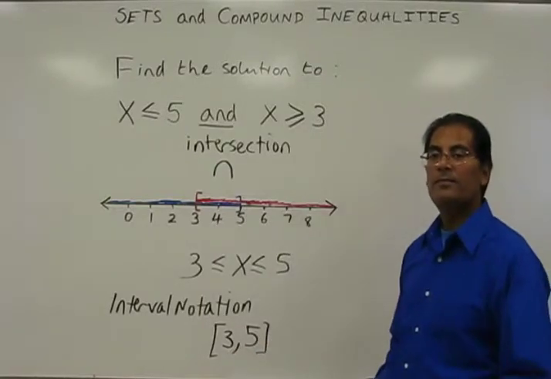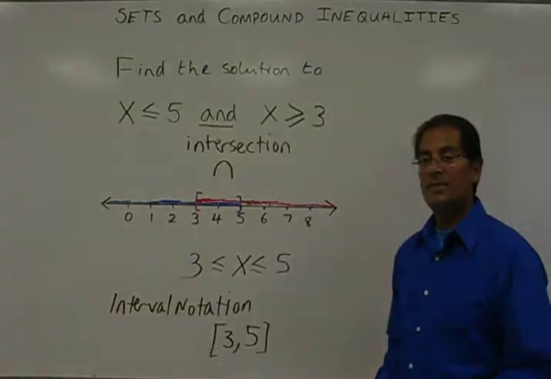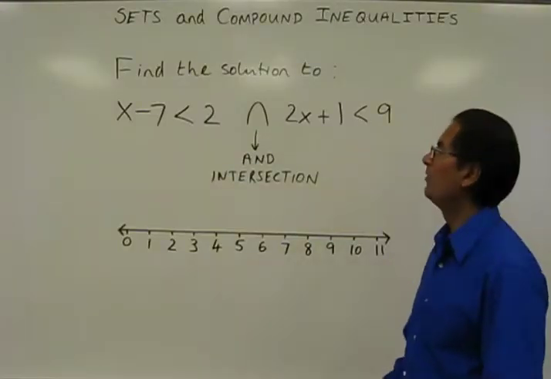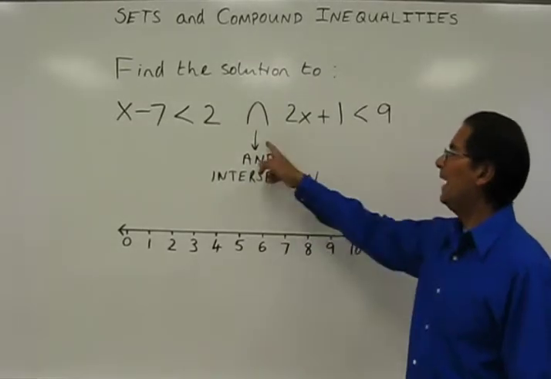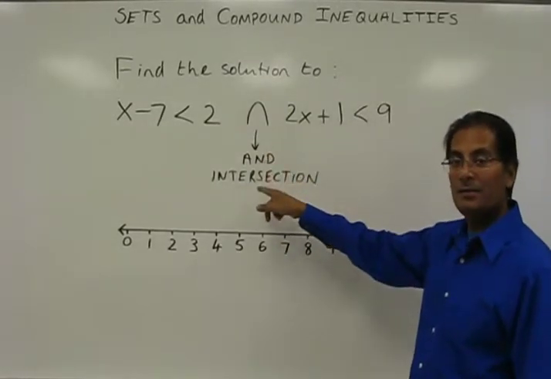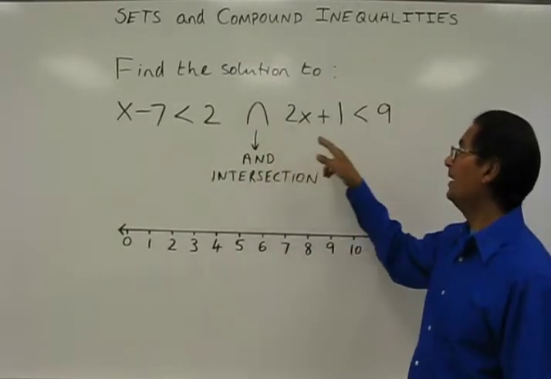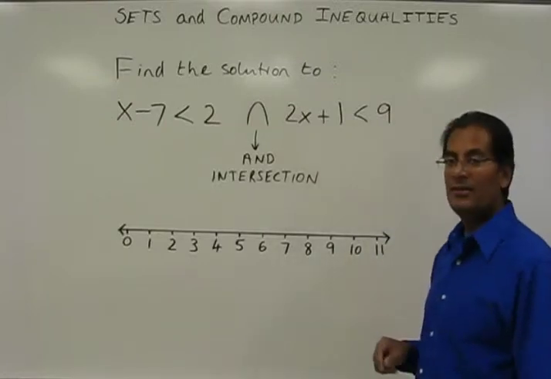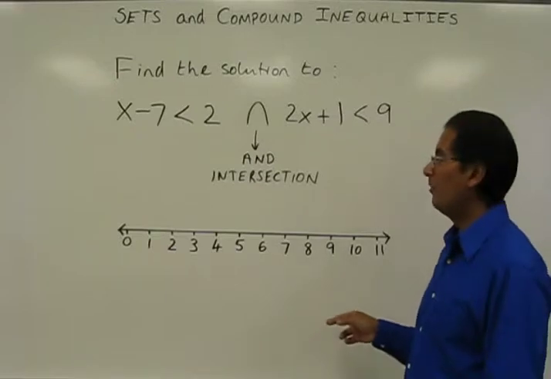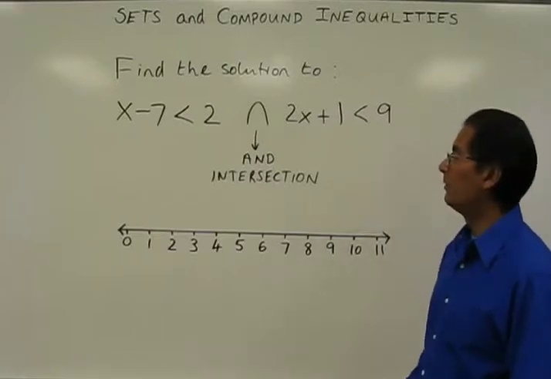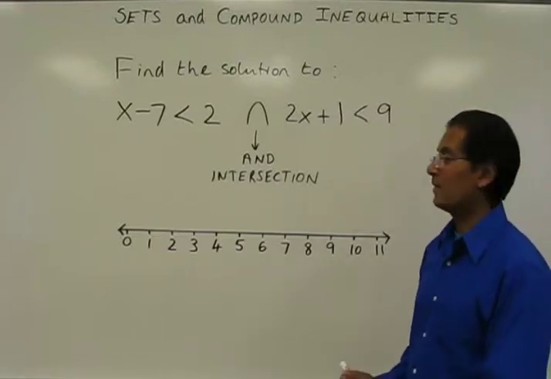Let's take another example of this. We're asked to find a solution to x minus 7 less than 2 and, intersect, and means the same thing, 2x plus 1 less than 9. Here's my number line. Before we could actually find the solution on the number line, what we have to do is solve these for x.